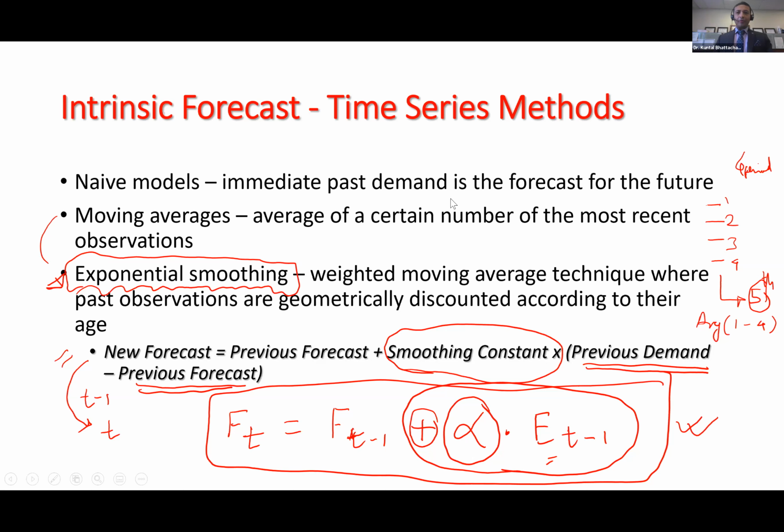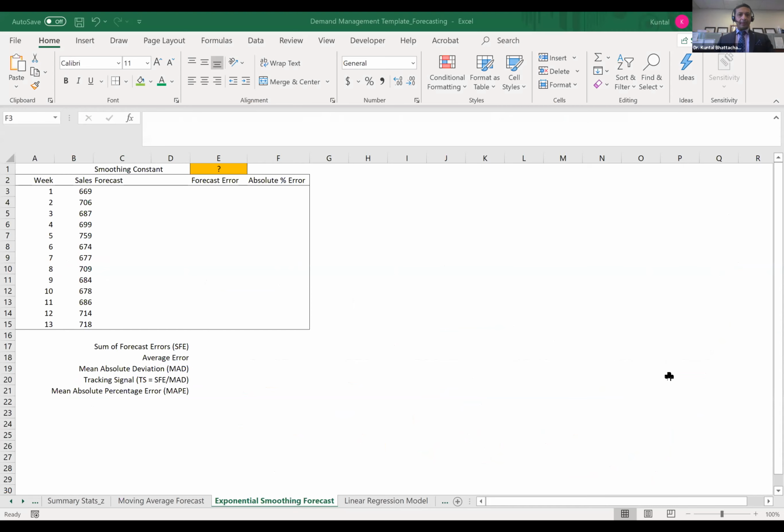So what I'm going to do is recreate this in the exponential smoothing data set. And again, this is intrinsic analysis. I am not looking into anything outside of just the sales numbers. Sales numbers and weeks of data, that's all I'm looking at.